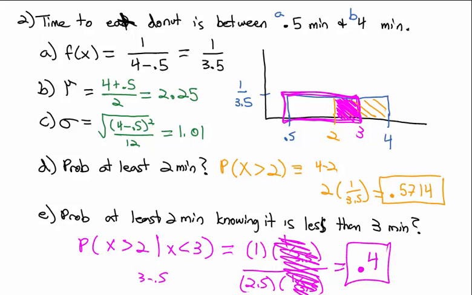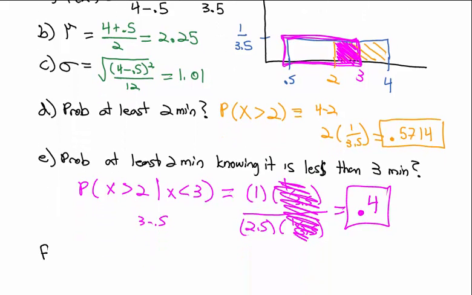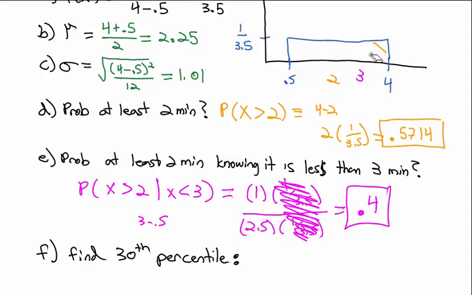Let's do one more percentile problem, too. Let's find the 30th percentile. When we're finding the 30th percentile, we want to know at what point, we'll call it x, is the area below going to equal 30%, or 0.3.